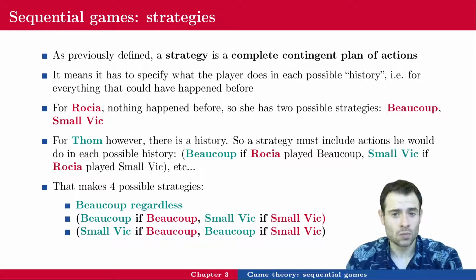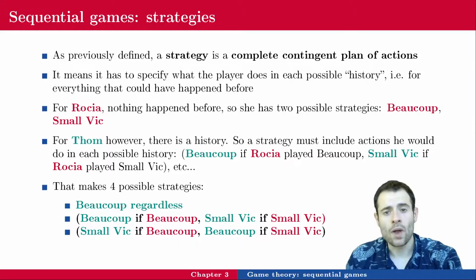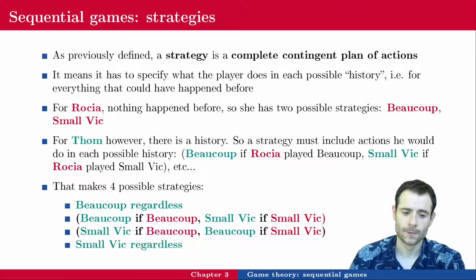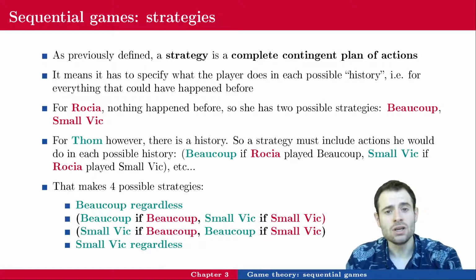So he goes to Small Victory if Rosia went to Beaucoup, and he goes to Beaucoup if Rosia went to Small Victory. Finally, the last strategy is to go to Small Victory regardless of what Rosia did before.